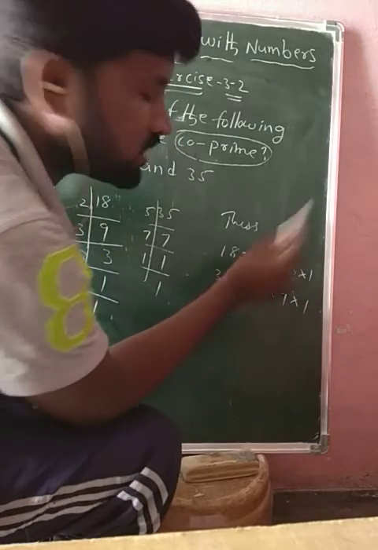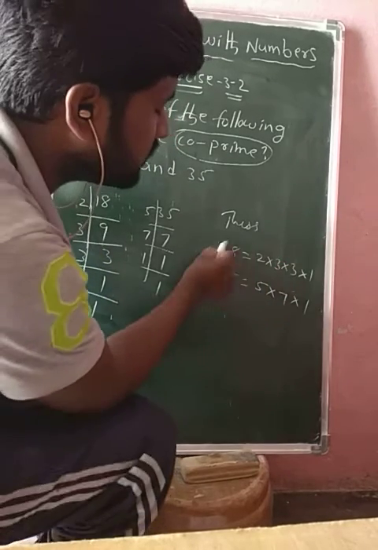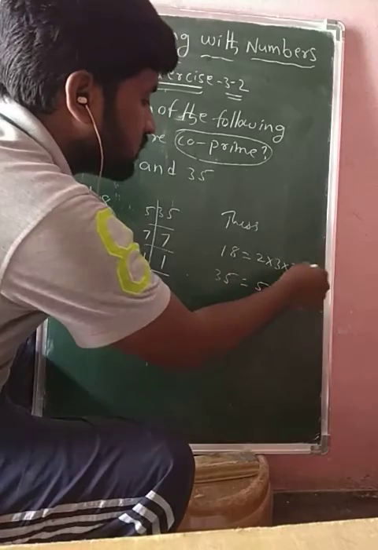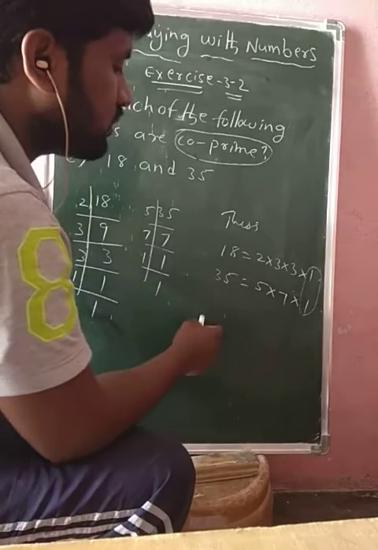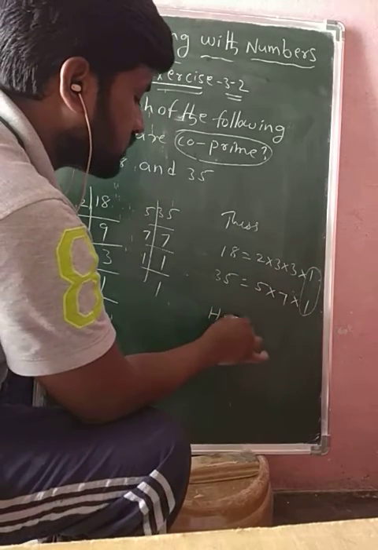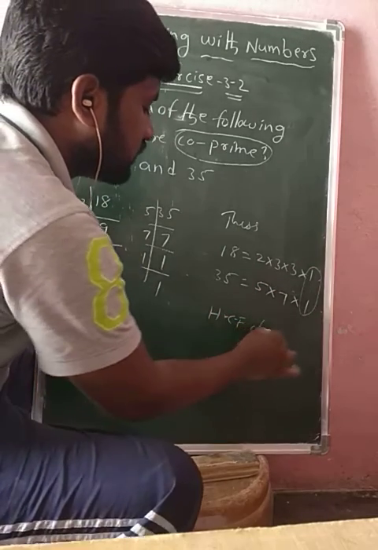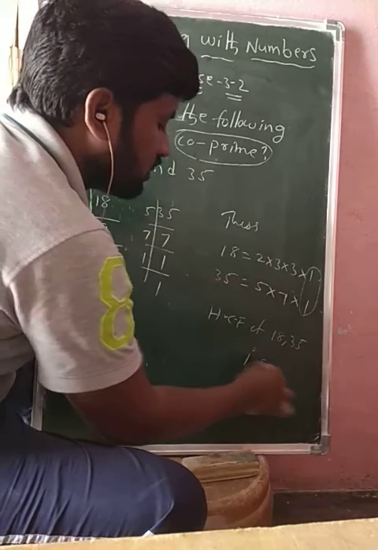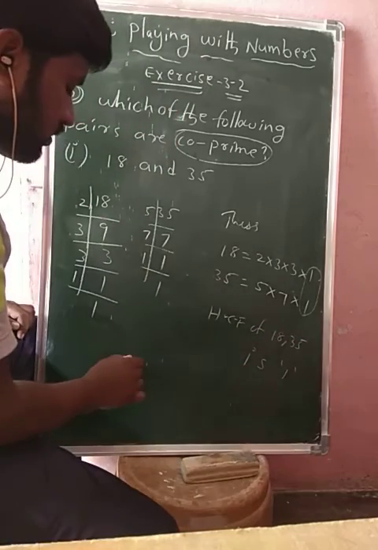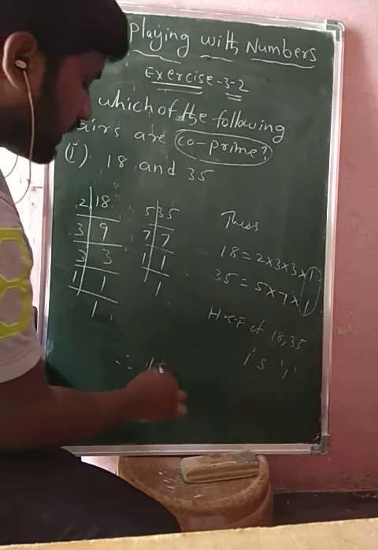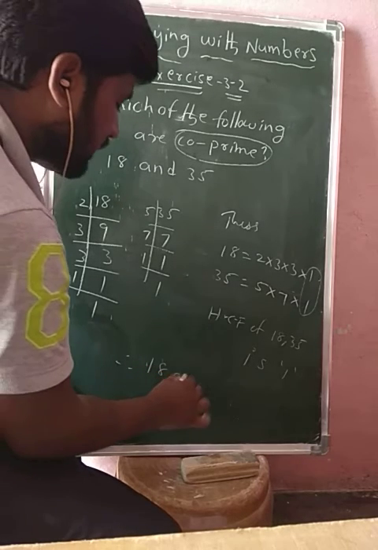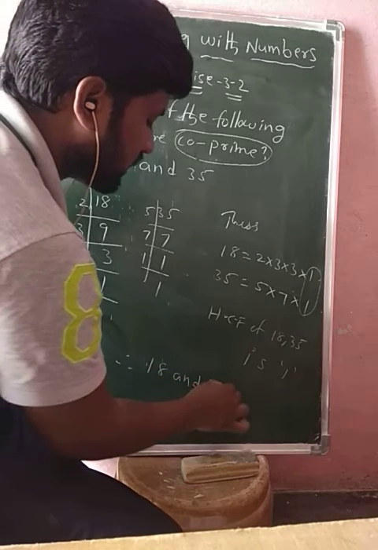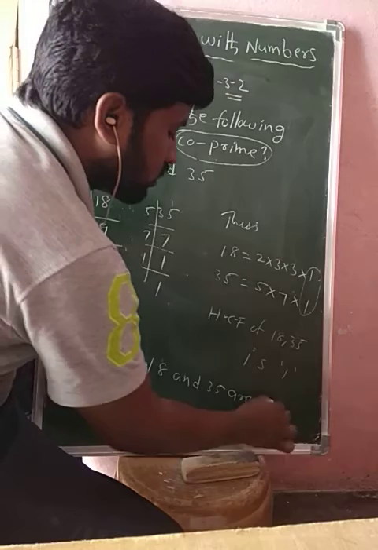The highest common factor of these two numbers is 1 only. Yes or no? So the HCF of 18 and 35 is 1. Therefore we can call 18 and 35 coprime.